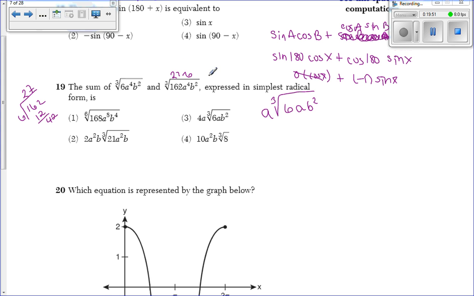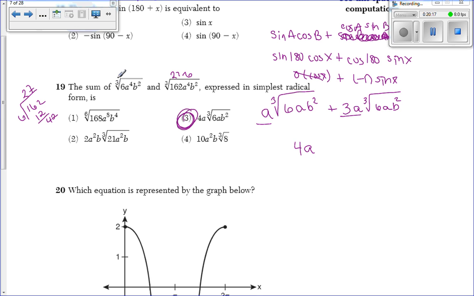The cube root of 27 is 3. A to the 4th becomes A. I divide by 3, cube root of 6AB squared. Now my radicals are alike. I have an A plus 3A, which gives me 4A. The only choice for the 4A is this one right here.